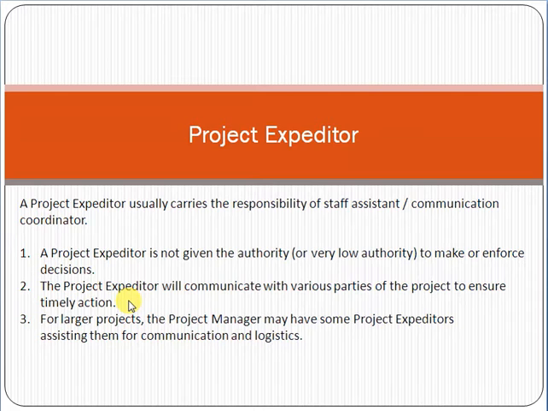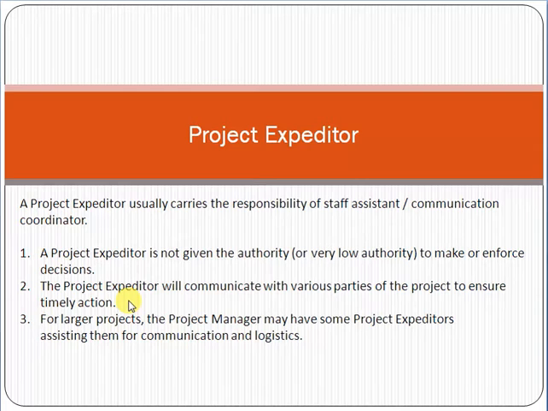Take the same example of the marketing company. One person, the project manager, is taking the decisions on when to call the resources and when to execute the project. Another resource, working as a project expediter, is the assistant of the project manager, and he is arranging the resources.